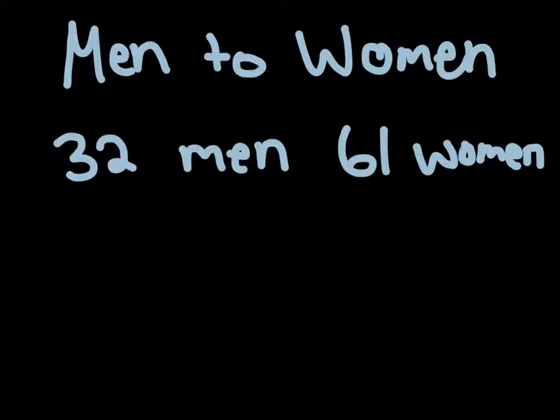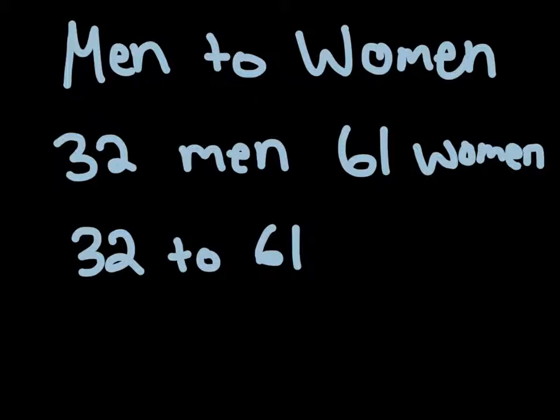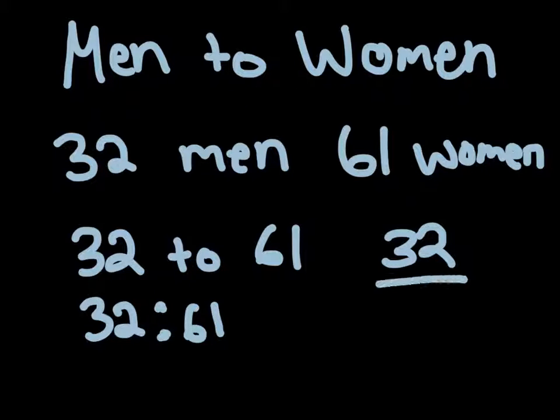You could say the men to women ratio is 32 to 61. Or you could also write this as 32 colon 61. And there's also one more notation, which is known as the fractional notation, which in this case would be 32 over 61.